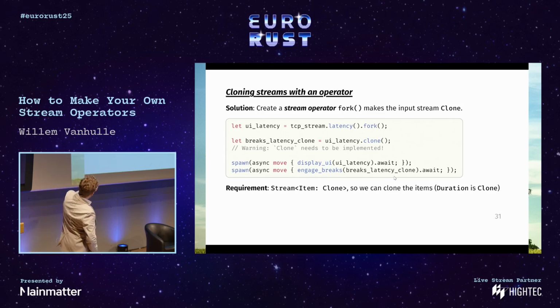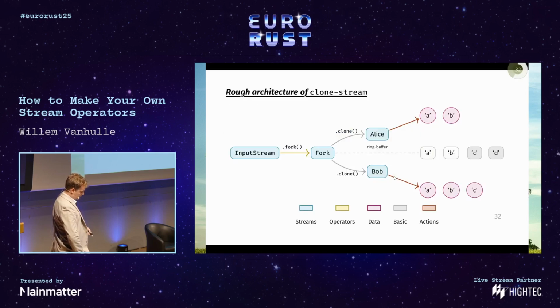So we actually have 3 different streams here. It's just important to know that as soon as you fork, you already have the first clonable stream. And then we clone it once and send that one to the emergency braking mechanism or something like that.